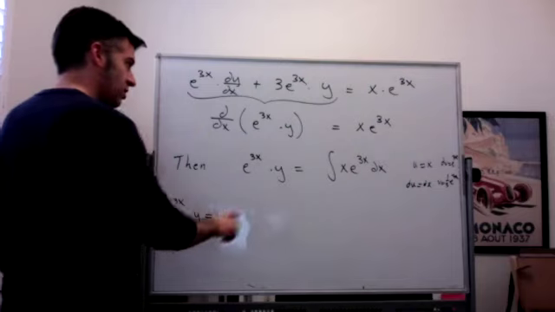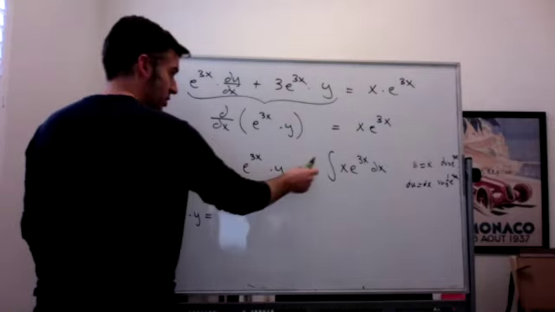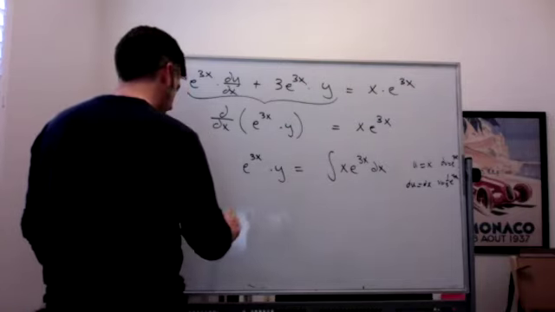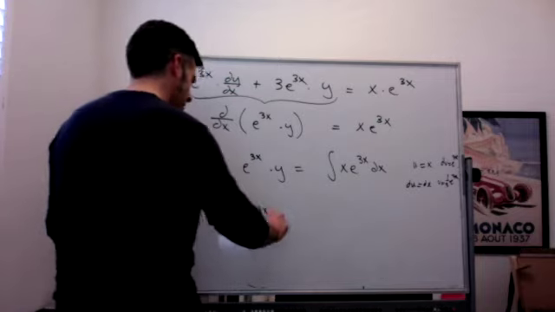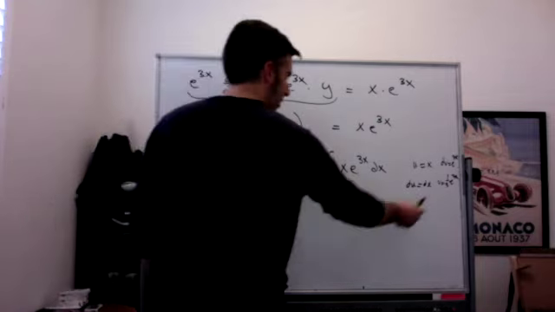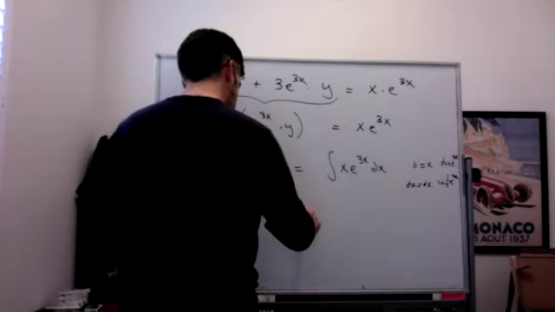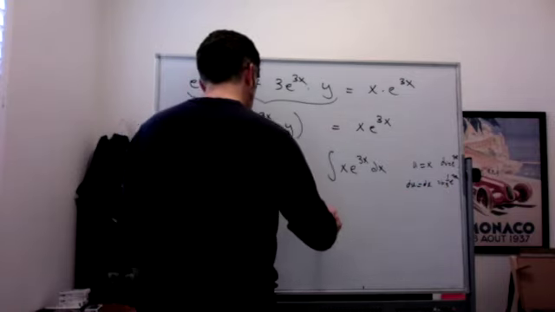So this is going to equal u times v, so x times 1/3 e to the 3x, minus the integral of v du, which is 1/3 e to the 3x dx.